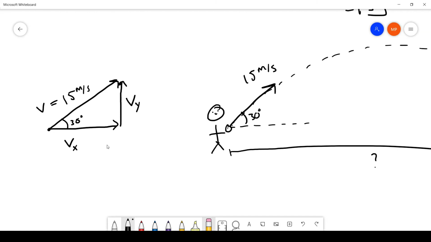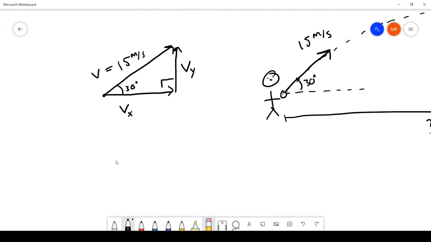We'll give it the units, 15 meters per second. Then what we can do is, hey, look, we have a right triangle. And since we have this right triangle here, we can use everything that we've just learned before and figure out, okay, what's the velocity in the x? What's the velocity in the y? And let's just use what we learned so far.